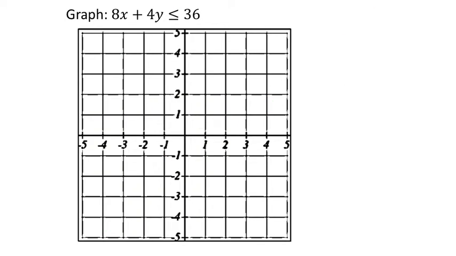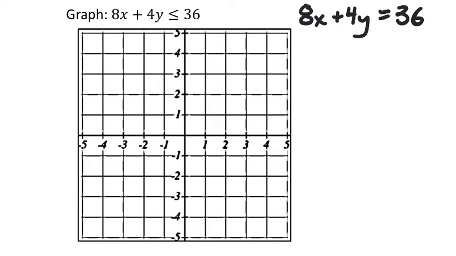Here's this one. Now, of course, there's different ways to do this. Some people would say, I'm going to make a table for the equality portion of this and then graph it that way, and that'd be fine if you did. However, I'm going to use slope-intercept form, so I'm going to change this 8x plus 4y equals 36. I'm just going to do the equal to because I don't really care about the inequality portion of this, okay?